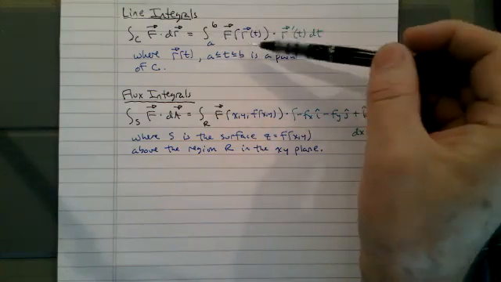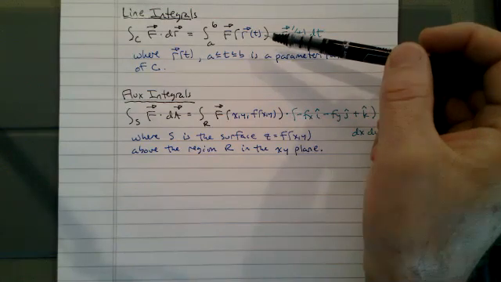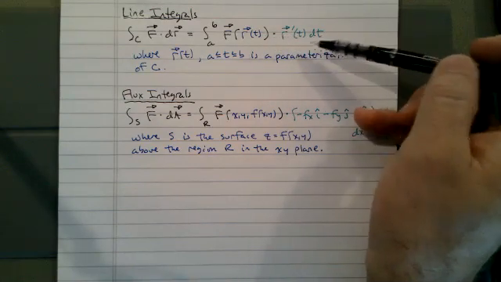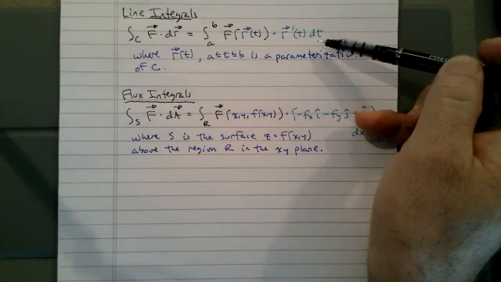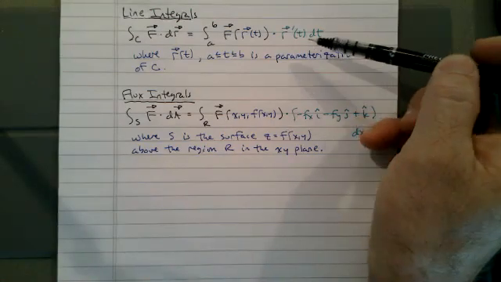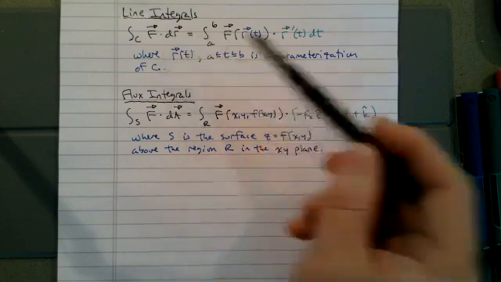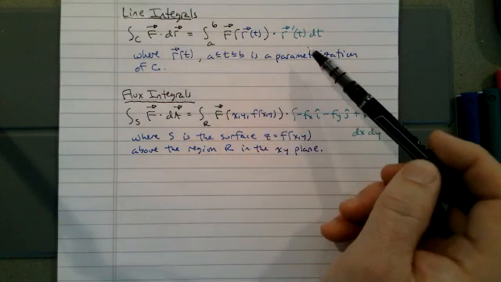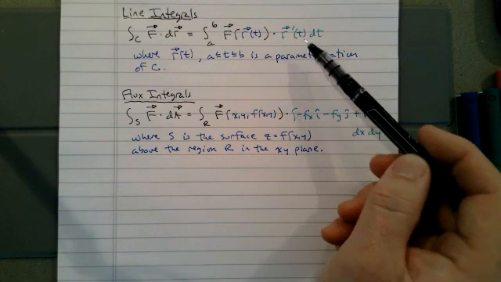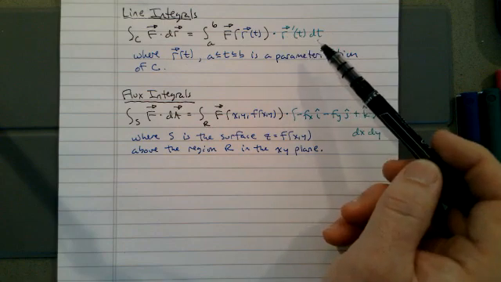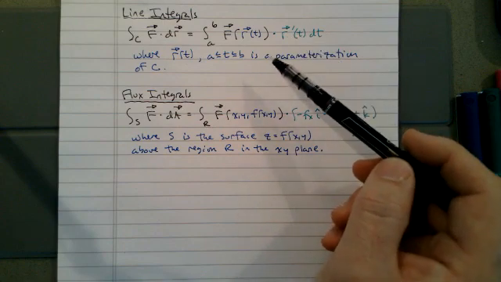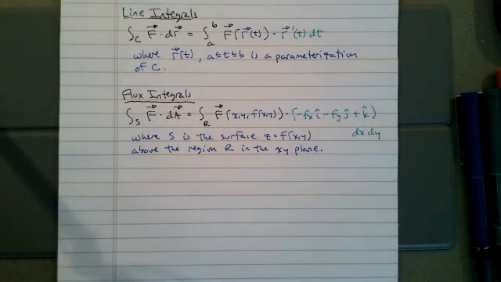And so once we have the parameterization for describing all the points on the curve, we can calculate the velocity at all those points, and that stands in for the dr. So the dr says we're on the curve, and where is the curve headed next? And this is where the curve is headed next, the r prime of t dt. So this matches the way we think about integration.